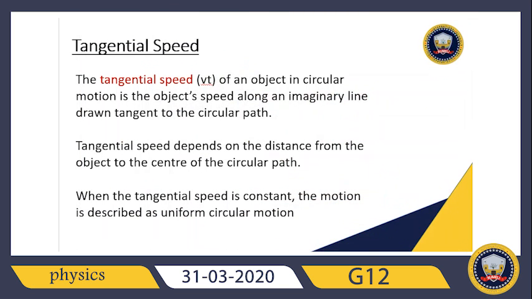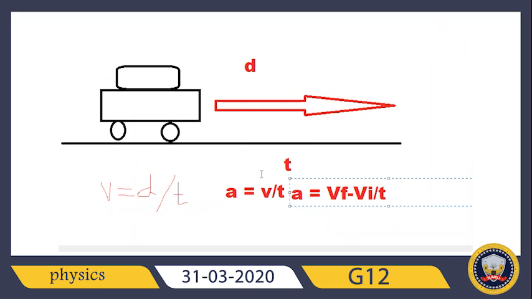Now in circular motion, we still have acceleration, but we have two types of it. First, in one-dimensional motion in a straight line, if we have a constant velocity or constant speed, the acceleration equals 0. Why?